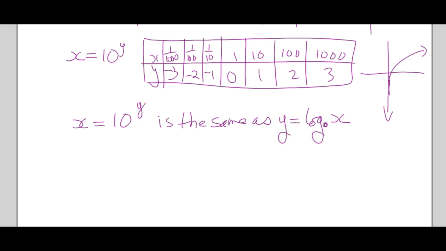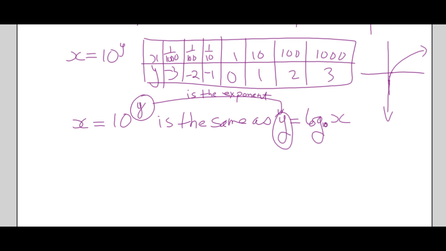So if we look at this, we'll say, well, okay, what's y? I mean, it's 10 to the power. What do we call the thing up there? It's an exponent, right? So the y, this is just a different way of writing the same thing, right? So the y is the exponent.